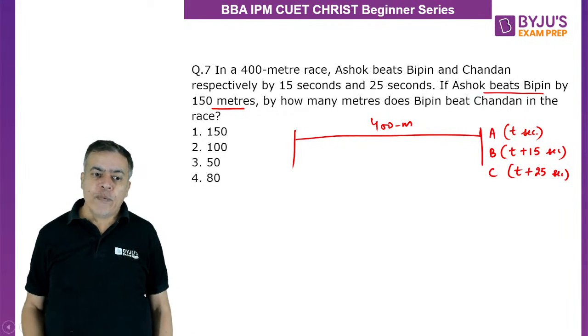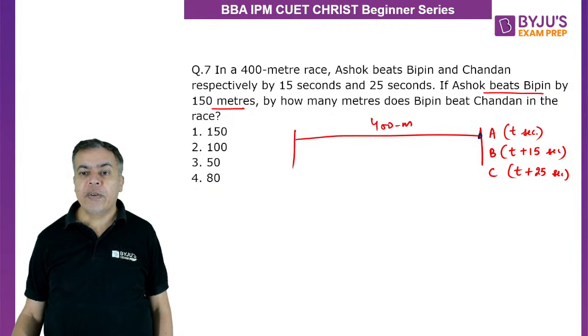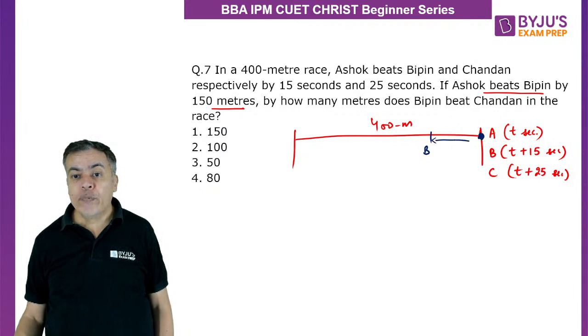So when A reached this point, let's say at that time B was here, which was 150 meter behind.